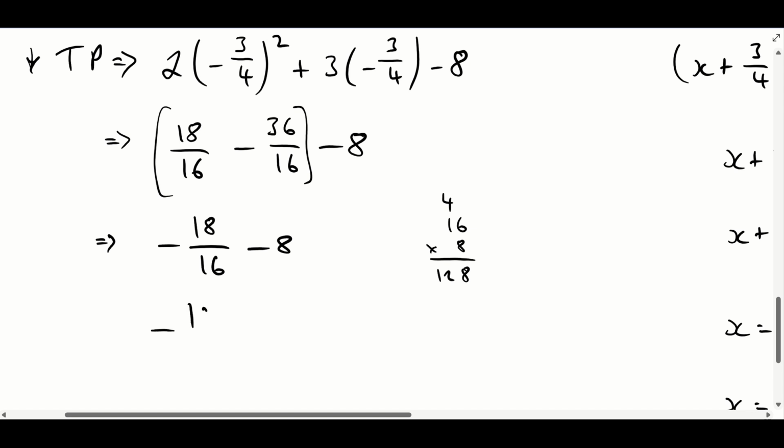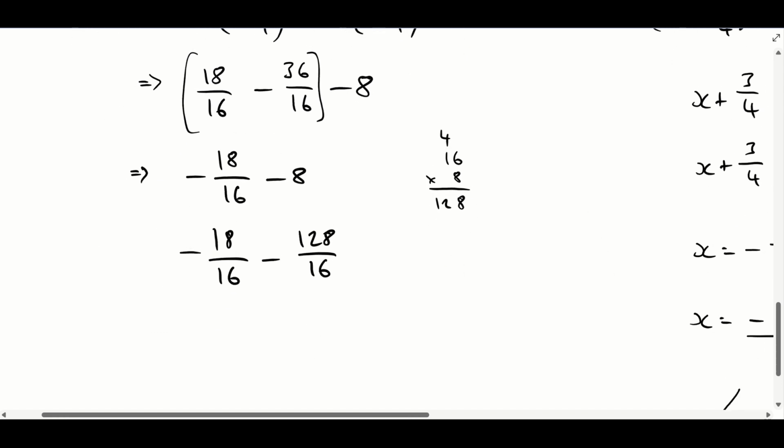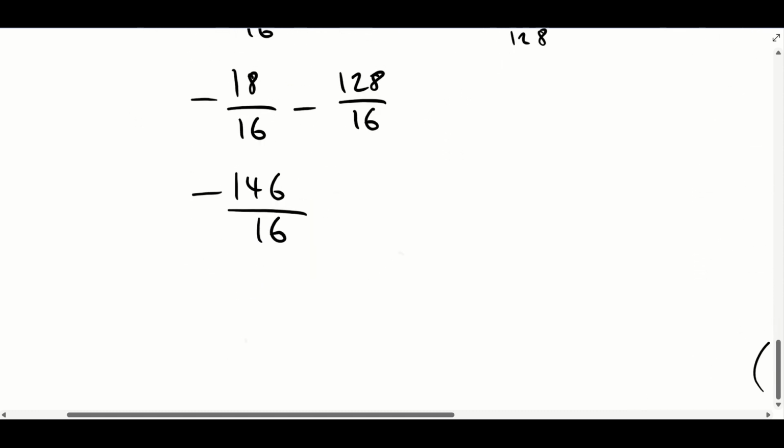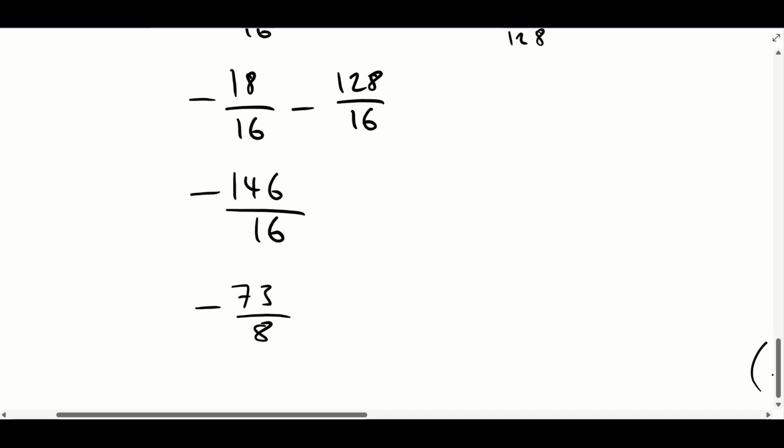So I could rewrite this like that. And minus 18, subtract another 128. I end up at negative 146 divided by 16. Okay, we could start to simplify that down a little bit. Let's divide both by 2. So we end up with negative 73 over 8.